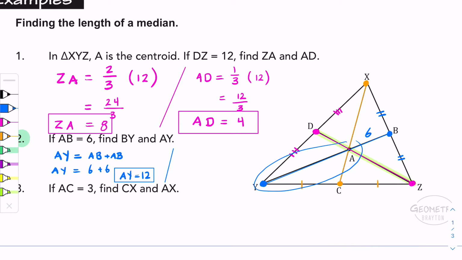Now, if I know that this segment is 12, I know that the entire segment, which is YB, I stated it as BY, BY is equal to my segments added up, which is segment AY plus segment AB. That's equal to 12 plus 6. BY is equal to 18.